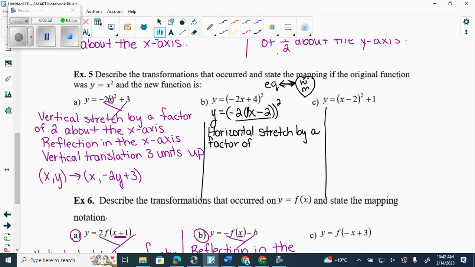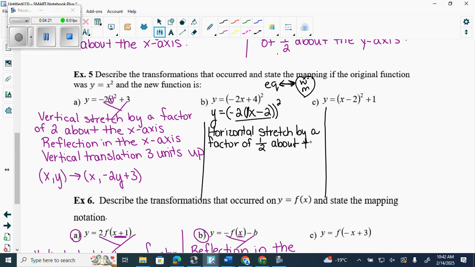Yes? So what does the 2 become? It's currently 2 over 1. What does it become? 1 over 2. It flips. Do you remember that from yesterday? So if we're going from equation to words, going over the arrow, this 2 is going to actually become 1 over 2. And I don't use the negative because the negative is a reflection, right? So we have a horizontal stretch by a factor of a half about the opposite axis.